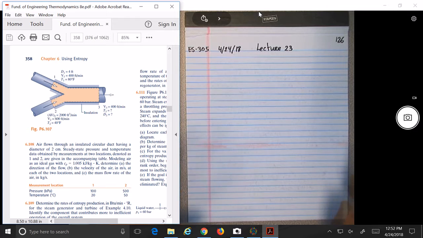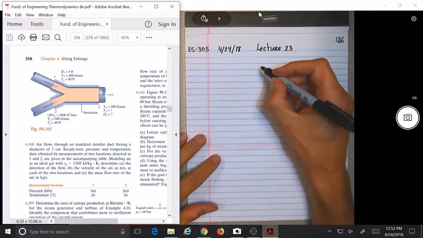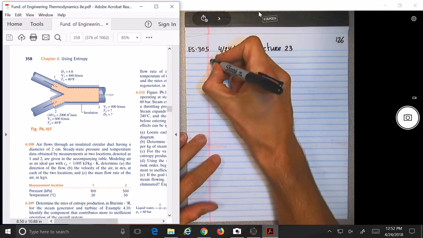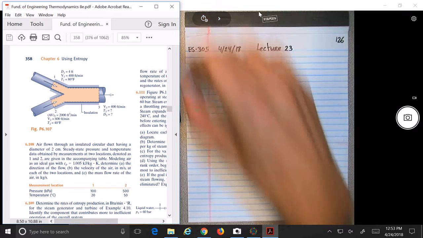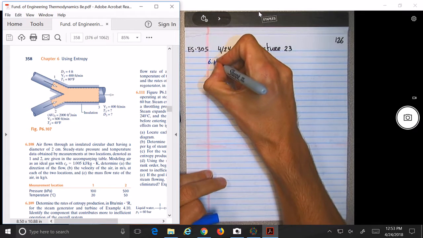Okay, so I don't know what the problem is about, but I do the figure and then we figure it out. So problem 6107.